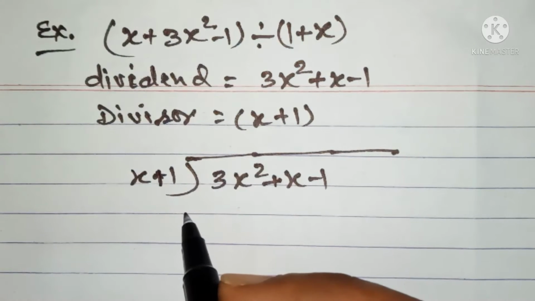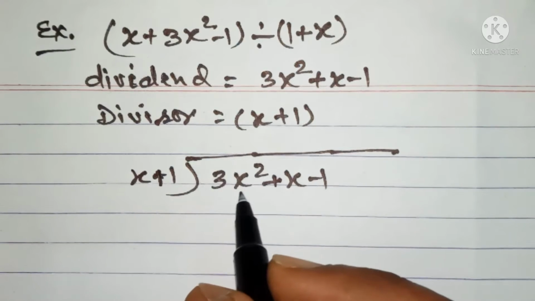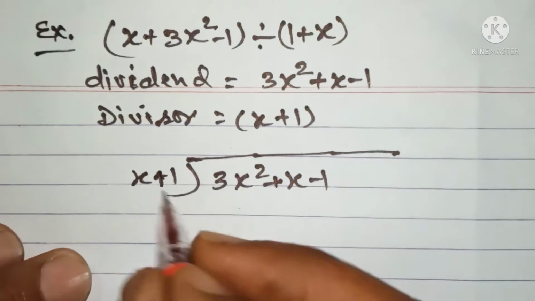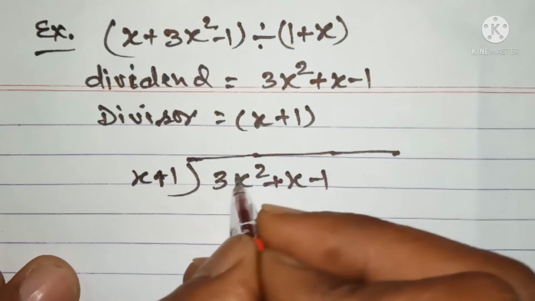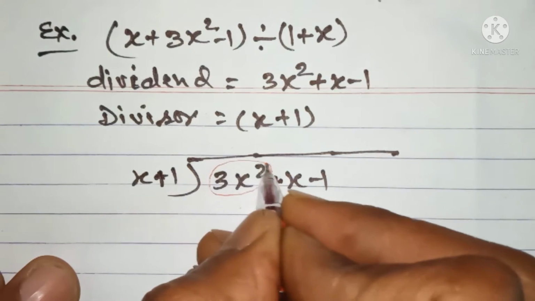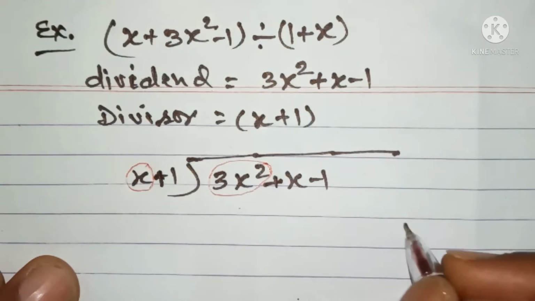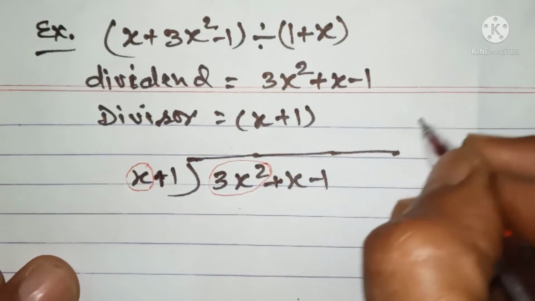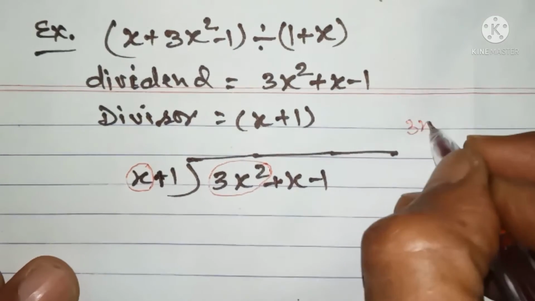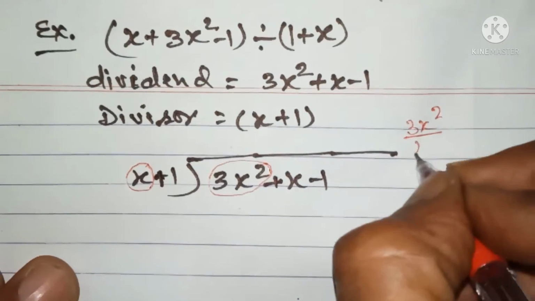First of all, we have to see the very first term of the dividend and the first term of the divisor. We have to divide the first term of the dividend by the first term of the divisor. How can we proceed? We can do it as 3x square divided by x.